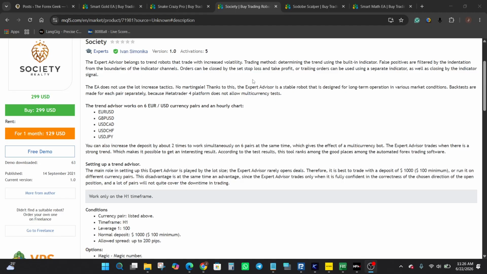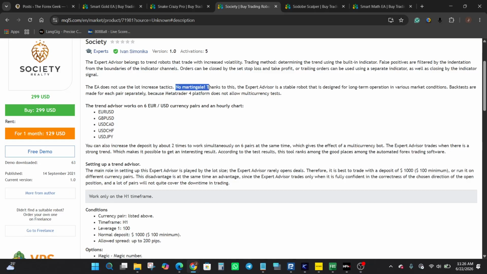One point the developer emphasizes is that the EA does not use martingale and does not use lot increase tactics. The goal appears to be maintaining stability over longer periods rather than relying on progressive, larger position sizes.